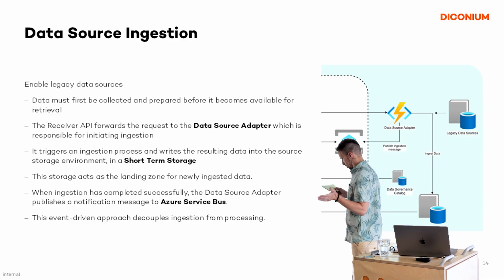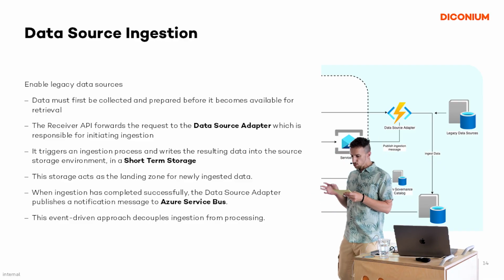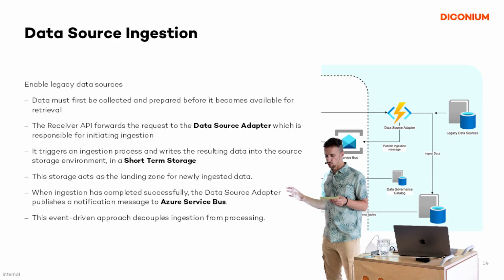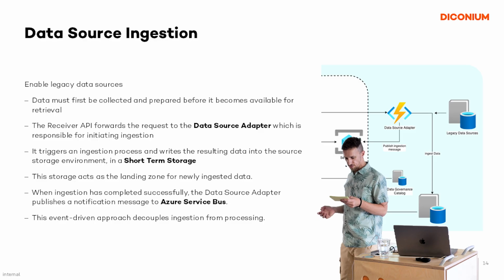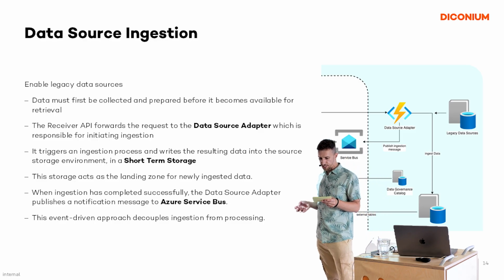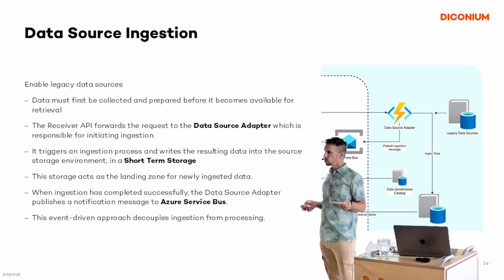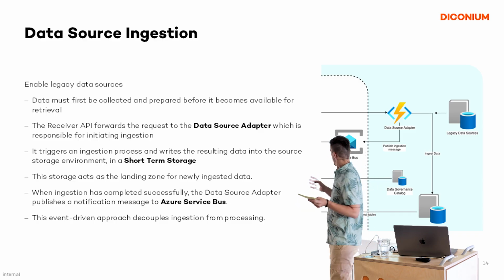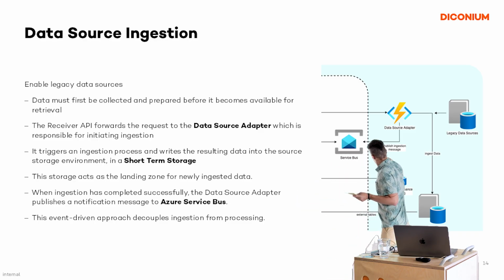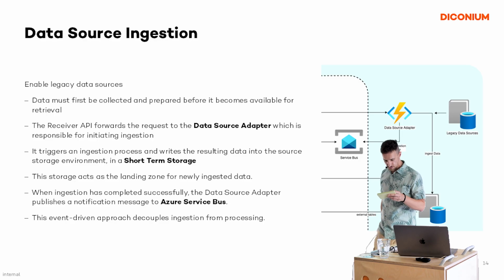About the data source ingestion. Assume there is a legacy data source which does not have the preconditions to connect to Jolly Brown. Basically, it means that the data must be first collected and prepared before it becomes available for the retrieval. Therefore, we have a component which is called the source adapter.